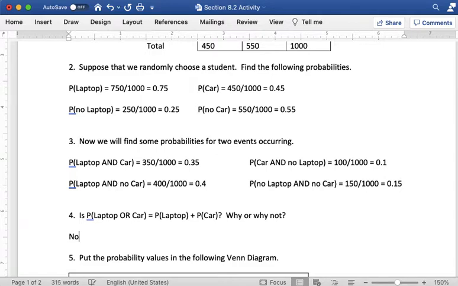So we can see that it's not going to work because the probability of owning a laptop plus the probability of owning a car is going to be more than 1. 0.75 plus 0.45 is 1.2, and probability cannot be more than 1.